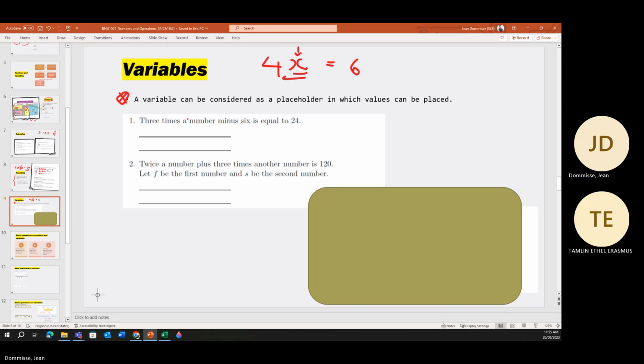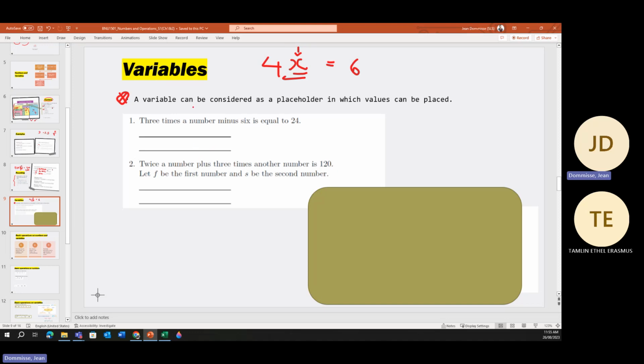Okay, so what they can ask you is, here is a sentence and you need to write it as if there is a variable in that equation. They can also give you an equation and ask you to work out what the variable is.